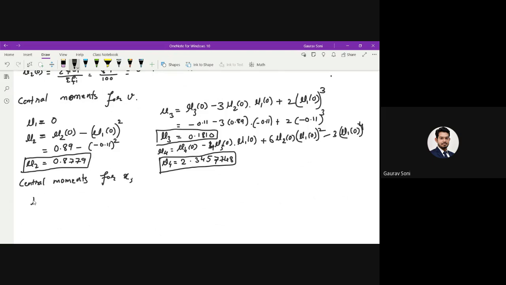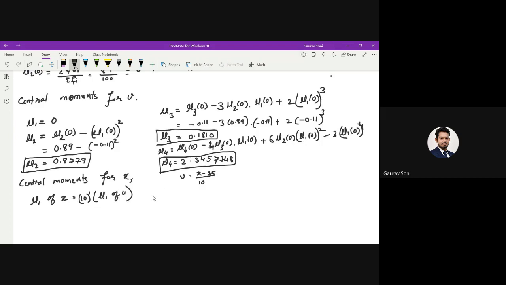So mu1 of x is equal to, what will be the formula? H power. We'll define the u. What we defined, u is equal to x minus 25 divided by 10. So this is equal to h to the power 1. What is our h here? 10 raised to 1 into mu1 of u.